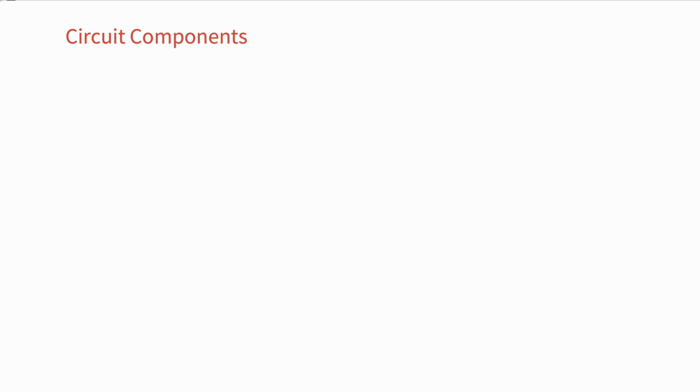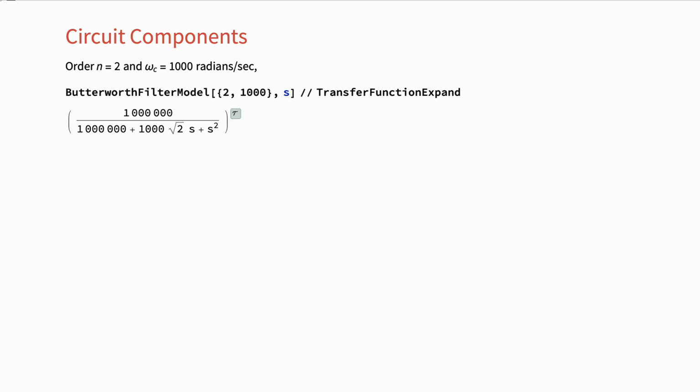If we use the Sallen-Key circuit to build a low-pass Butterworth filter of order n equal to 2 and with cutoff frequency 1000 radians per second, which will have the transfer function shown here, to find the values of the circuit components, we set the transfer function of our Butterworth filter equal to the transfer function of the Sallen-Key circuit.